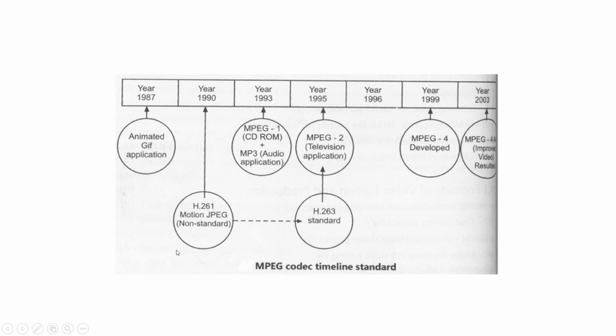Whatever versions you find with MPEG-1 and MPEG-2 are derived by ISO. Whatever you find with H. is for video, T. is for data, G. is for audio. Those starting with H., T., G. are derived by ITU standards, and ISO standards are MPEG-1, MPEG-2. Whatever starts with MPEG is an ISO standard. So this is the timeline of standards for MPEG codec.